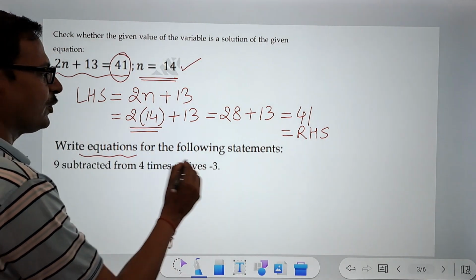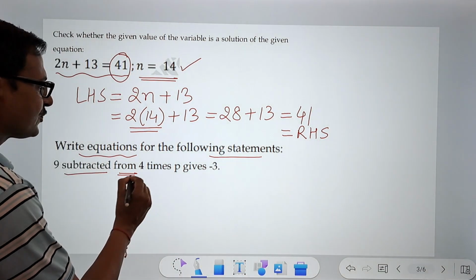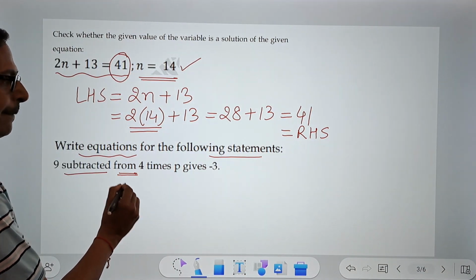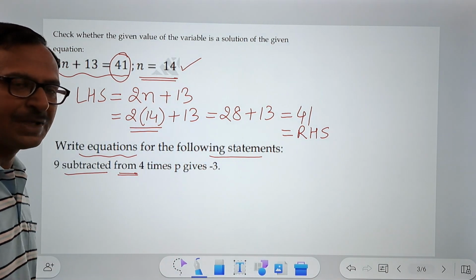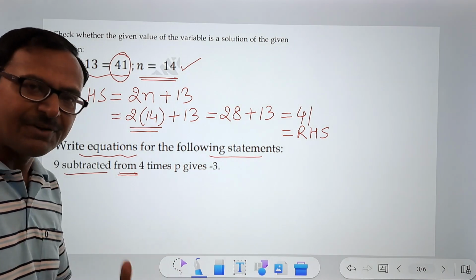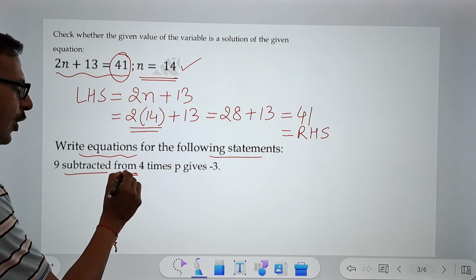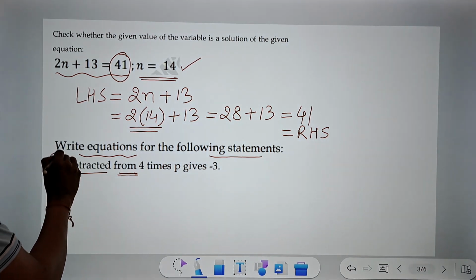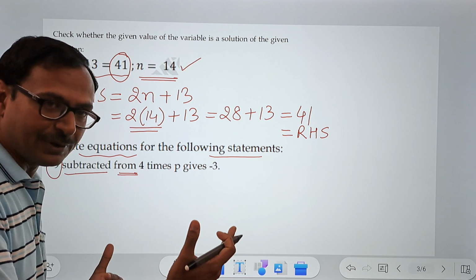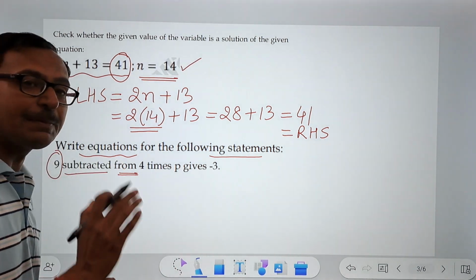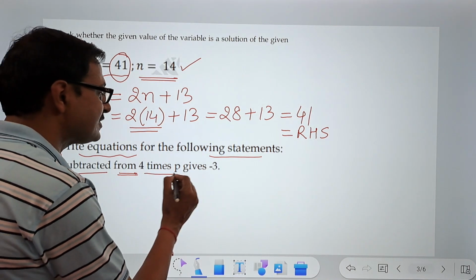Write equations for the following statement. 9 subtracted from, this word from is very important, 4 times p gives minus 3. Now there are some keywords in the statement which we have to follow. Subtracted from, that means this is to be written in the latter half, that is in the second half of the question. 9 is being subtracted from something. From what? 4 times p.